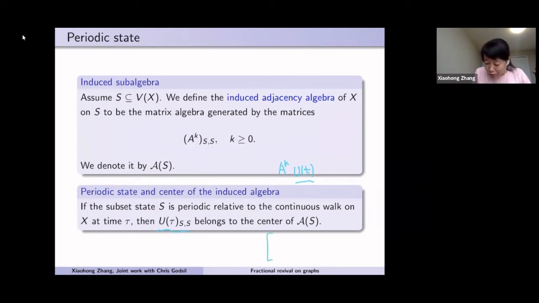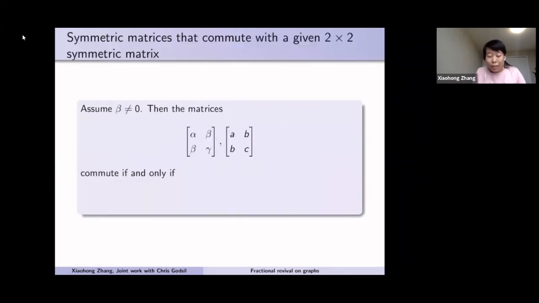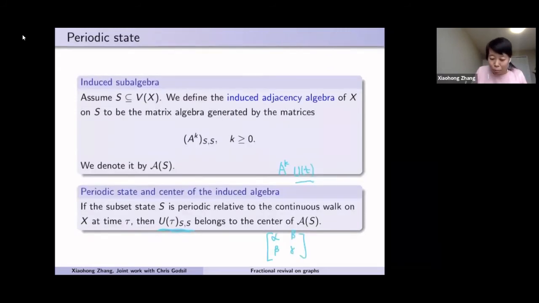As we realized earlier, when FR occurs, this smaller unitary matrix looks like that. It's 2 by 2 symmetric. Note that the algebra is generated by those matrices, so they are also symmetric.